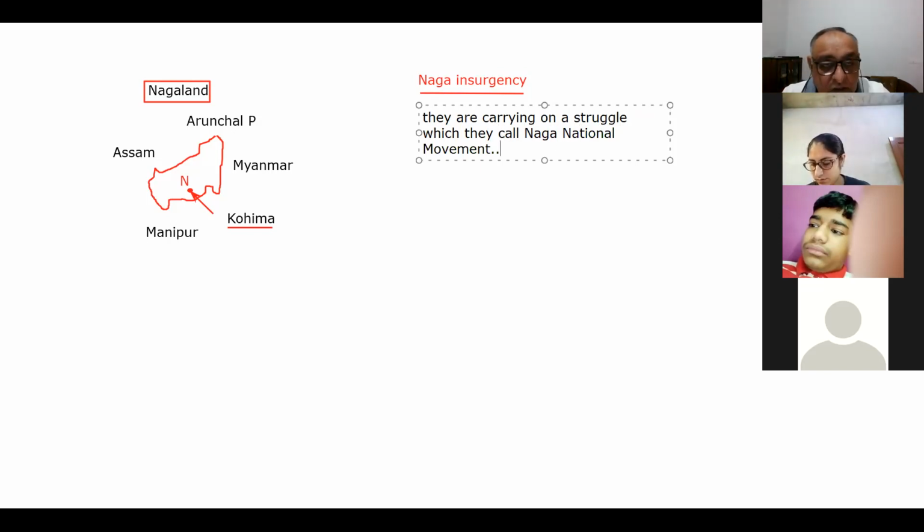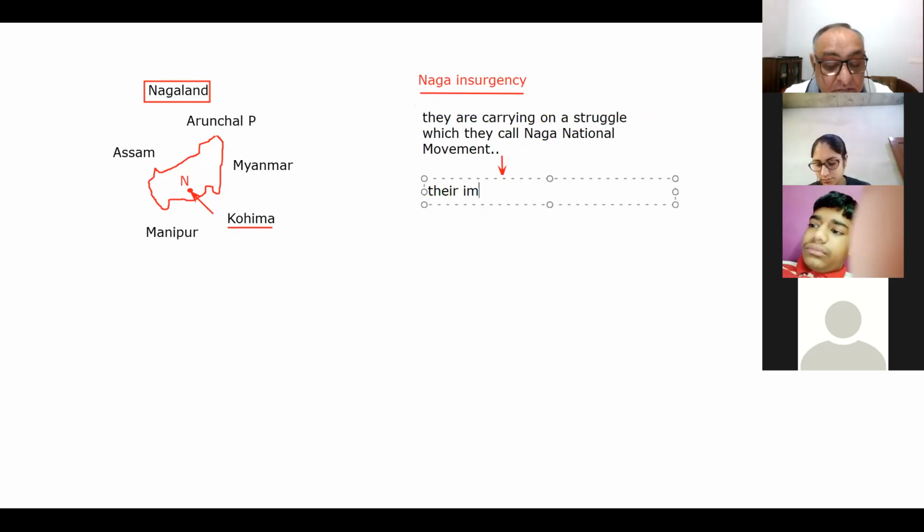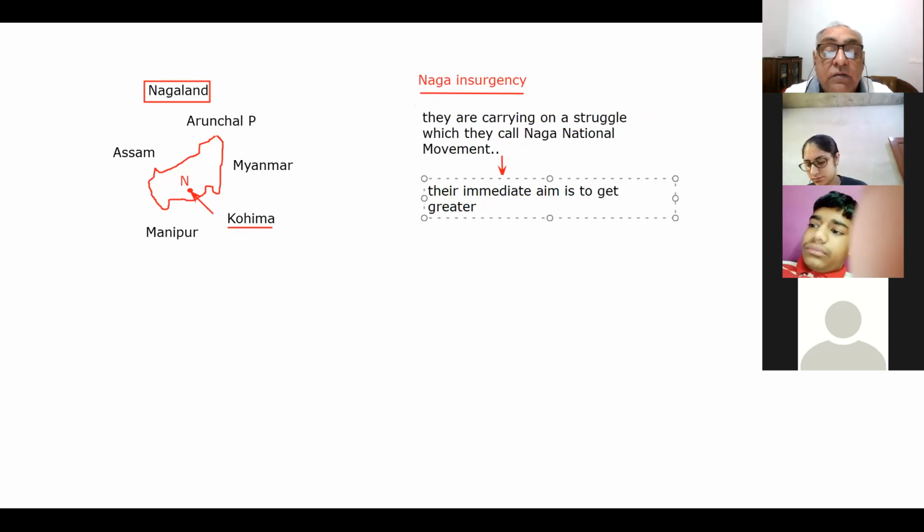So their immediate aim is to get a greater Nagaland. They basically want greater Nagaland, greater land for Nagas, right?